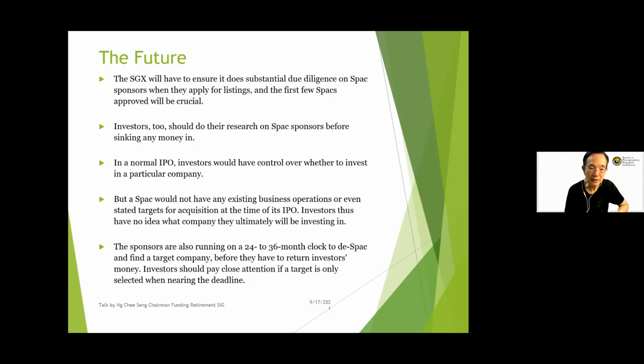The SPAC management team may not have the ability to close the deal within this period, and sometimes they can even ask for an extension of another 6 months or so. So if you, as an investor of the SPAC, find that the management team is not good enough after you have invested, you have to be careful whether you should get out of it, or you want to still continue to invest in it.